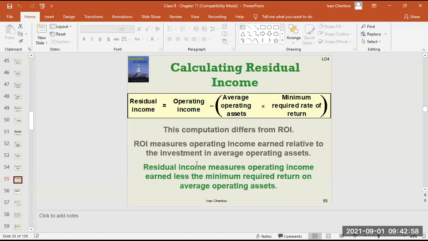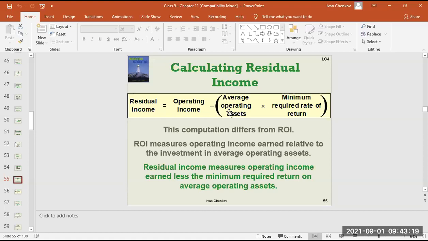Again, the residual income is the operating income that you currently have less the assets that you invested times the required rate of return. So you wanted 10%, you're investing $1,000.